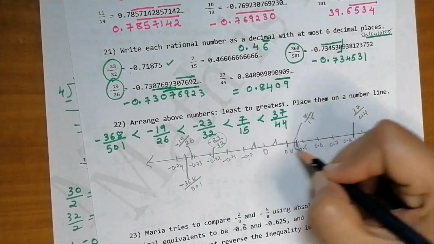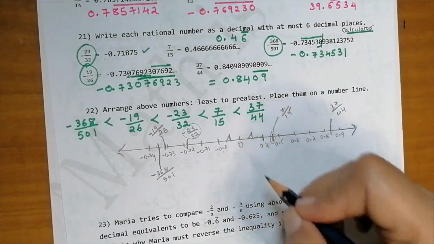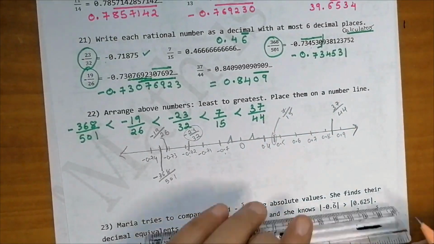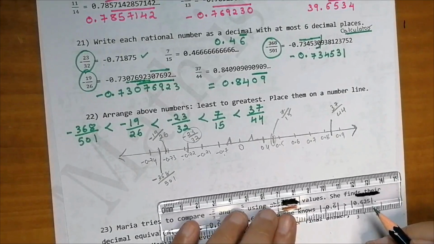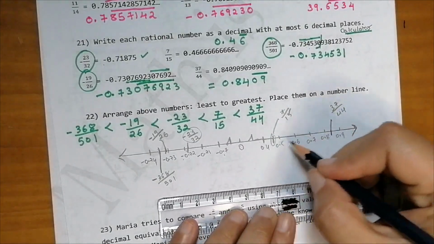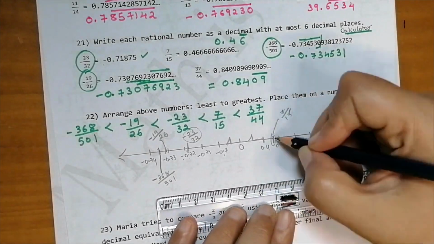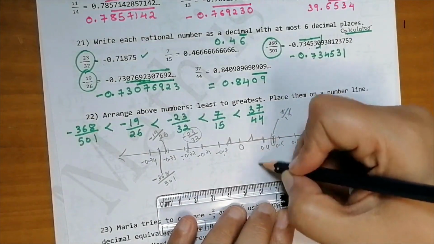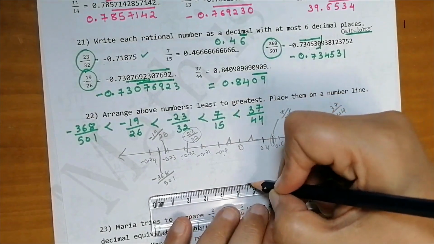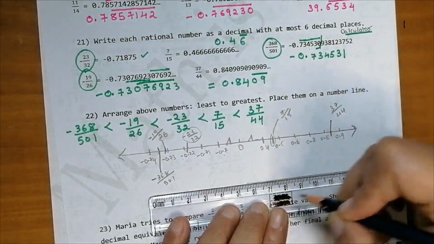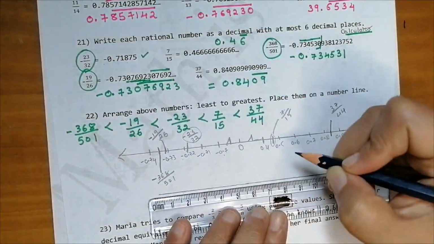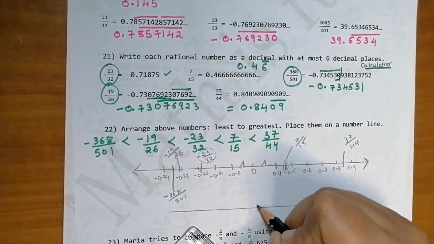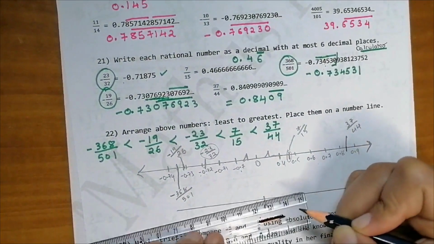If you're not comfortable having these two different scales on the same line, and if it's not allowed, then you can do it this way, where we keep this scale as it is. So I will not do this part here, I'll go just down here. Okay, this positive side will remain as it is, right? I put my 0 over here, right?